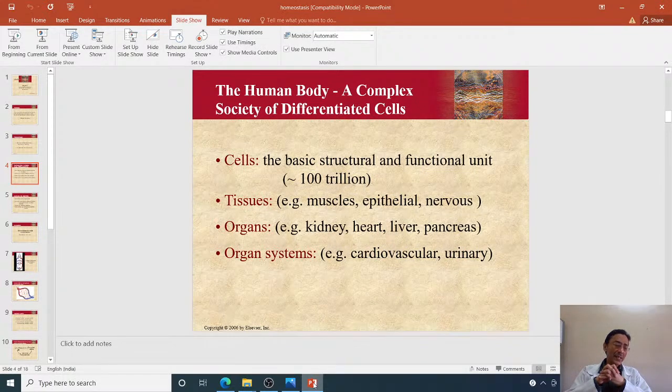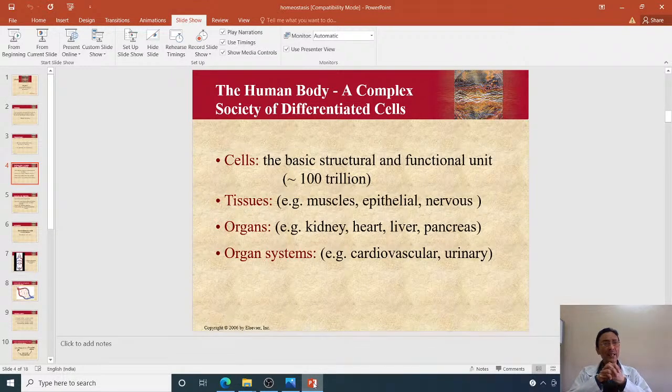These 75 trillion cells, after receiving this oxygen, utilize this oxygen to break down the nutrients, carbohydrates, fats and proteins, and generate energy. So the ultimate aim of all these cells is to generate energy so that the bodily functions can be maintained, whether these cells are in different tissues, or part of different organs, or part of an organ system.